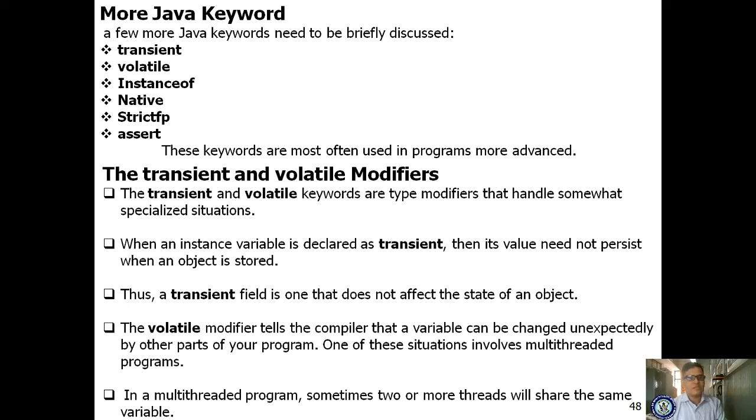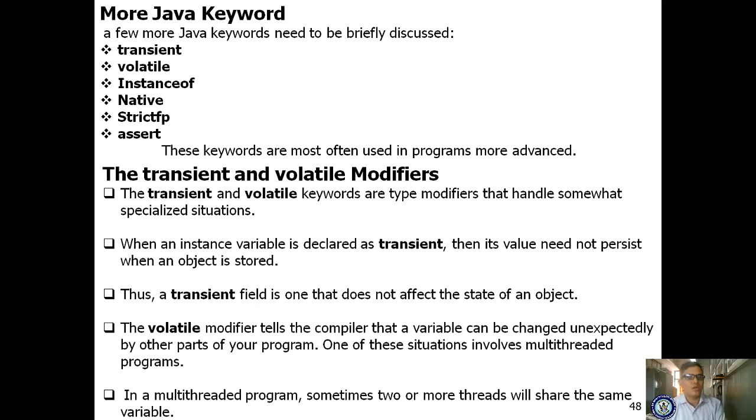Okay, let us see the transient and volatile modifiers. Transient and volatile keywords are type modifiers, that handle somewhat specialized situations. When an instance variable is declared as transient, then its value need not persist when an object is stored.